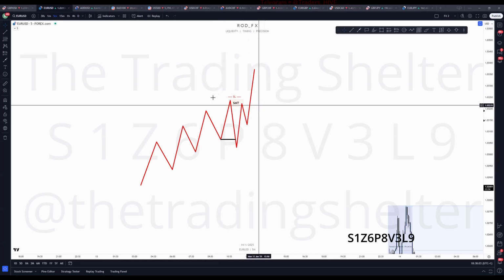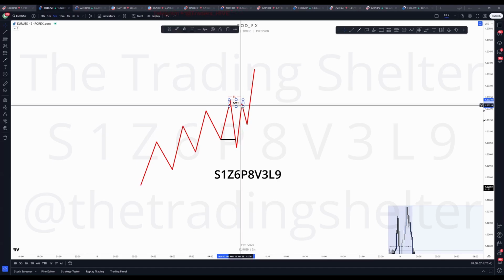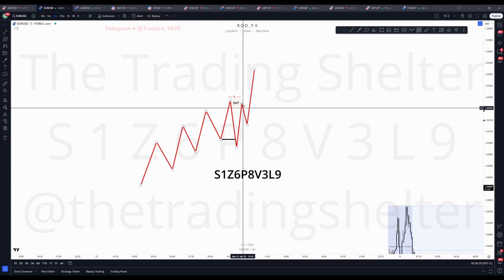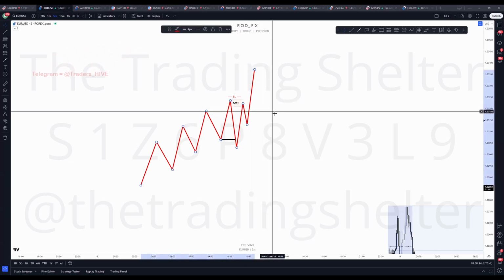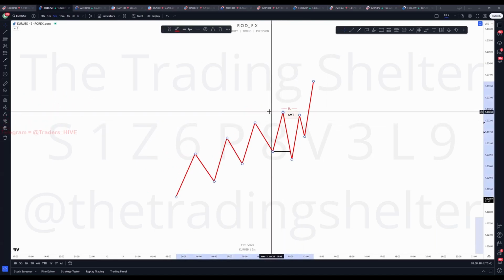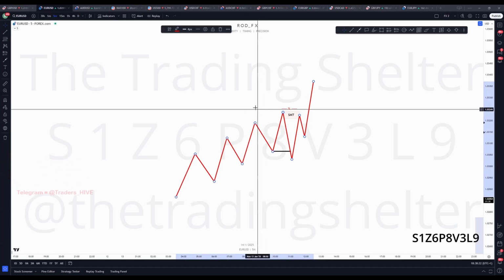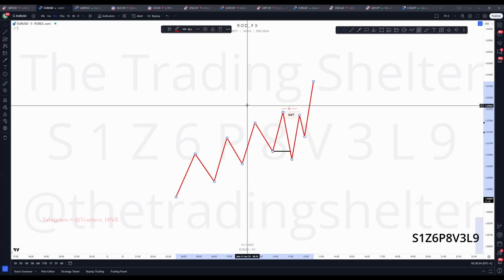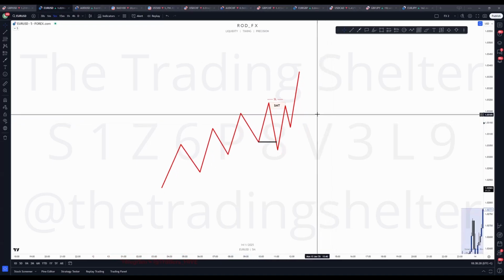So this is very important to understand. The characteristic of a false break of structure is speed, momentum, manipulation, no liquidity. I said it, no liquidity, and in line with the overall bias of the day.